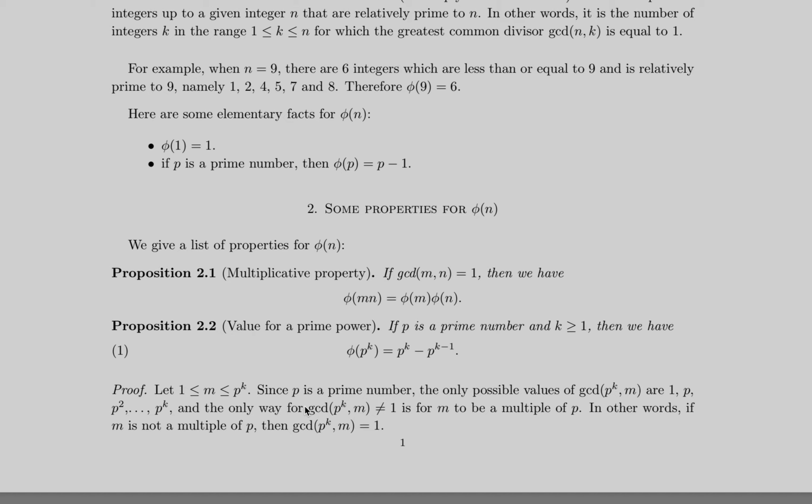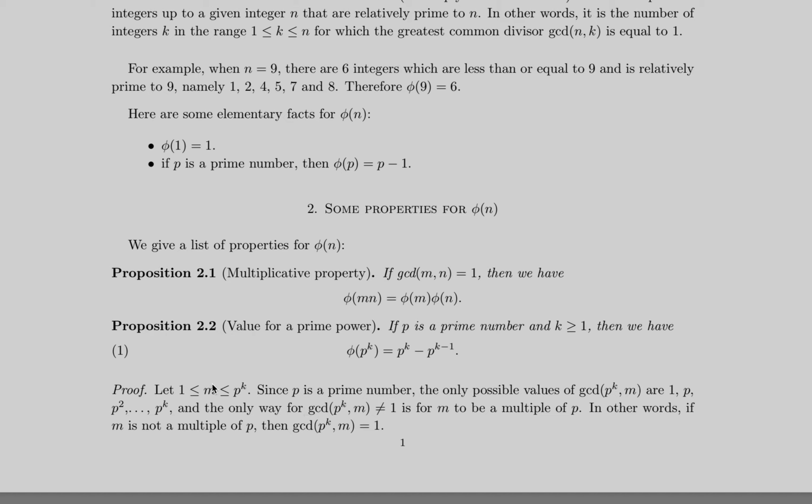In fact, we can apply the very basic definition to this problem, because even though p to some power k may be a large number, it's special, it's a power of a prime number. Not many integers are in the form of one prime number to a power. So it's a special case, and that's why we can compute it by counting. Let's see how we can do that.